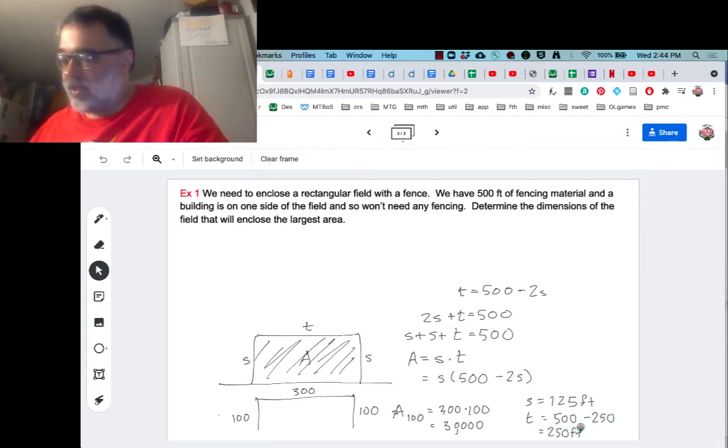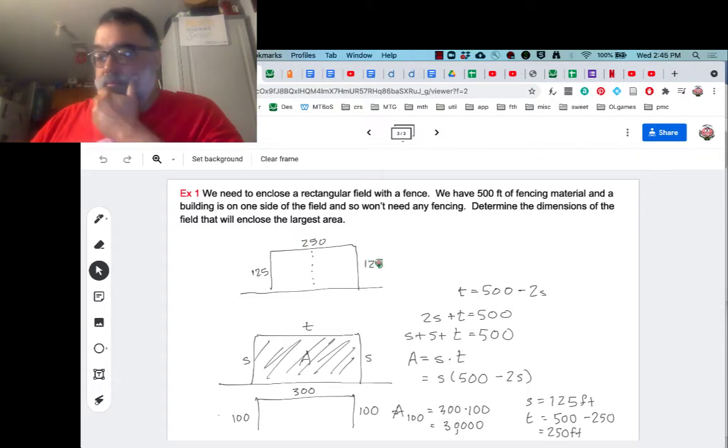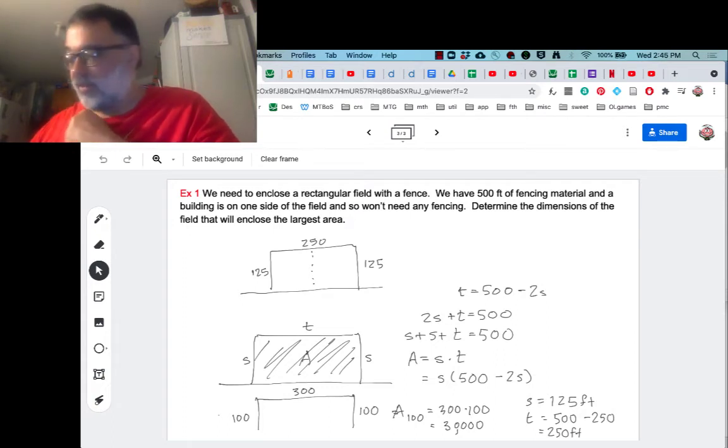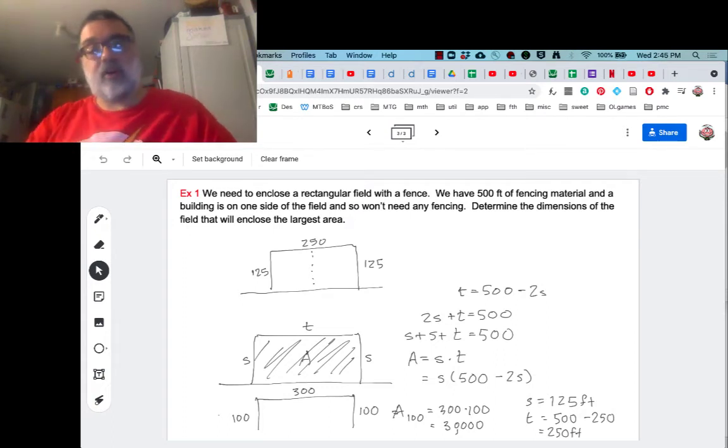Well, that's kind of interesting. So the ideal fence in this situation is like 2 squares. So it turns out nature likes squares and circles in terms of optimizing things. So it's not totally a surprise, having solved some of these before, that the square is involved.